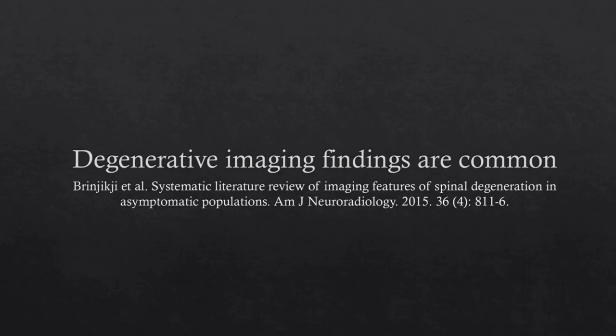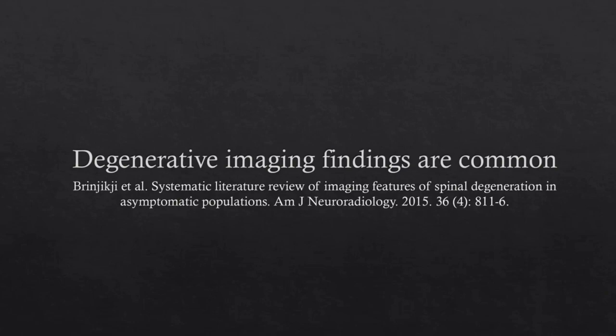But why I moved quickly through that is I wanted to bring up this article, which I found interesting. This was from 2015, and they looked at 15 articles that had MRI'd people who are asymptomatic of different ages, and a total of 3,000 patients among 14 studies were combined into this single study.